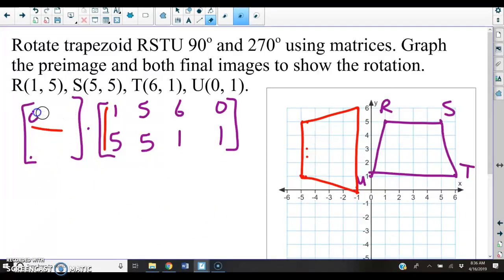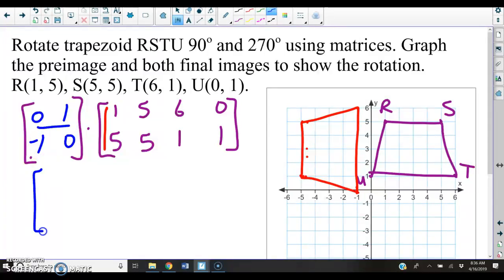We got to go back to the 270 matrix. It doesn't look a lot different. Okay, we'll use blue now. 0, 1, -1, 0. And again, I'm going to take the row number times the column. I don't want this marked yet because that's my workspace.